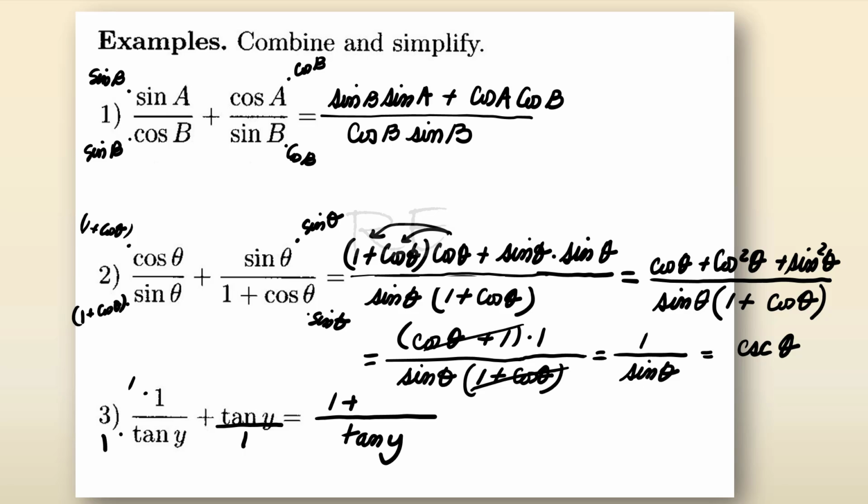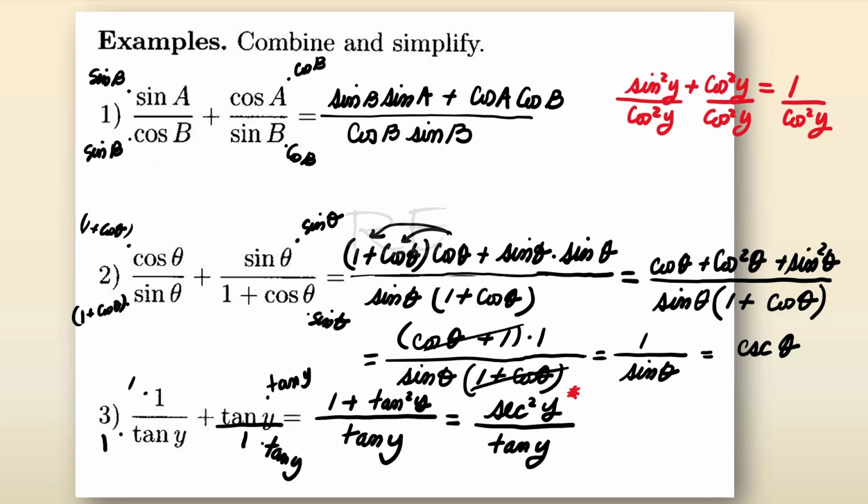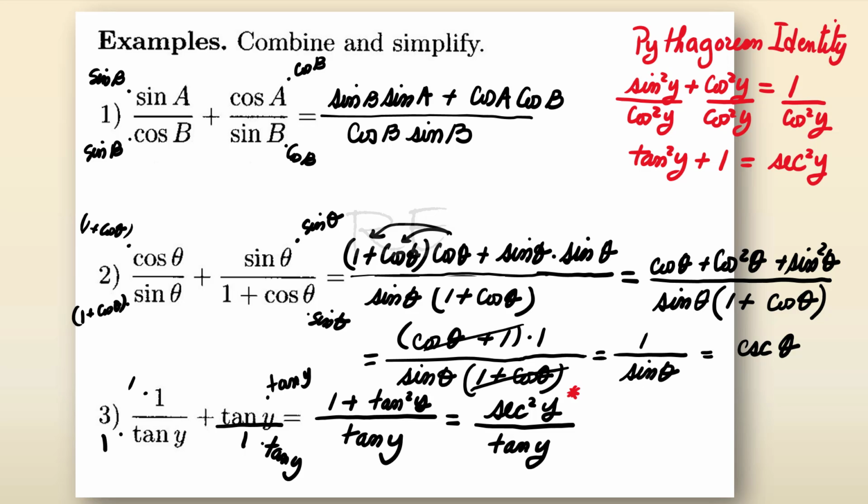The second one will become tan squared y when we multiply it by tan y over tan y. And 1 plus tan squared y is secant squared y. Therefore, we get secant squared y over tan y. Students need to recall the Pythagorean identity.